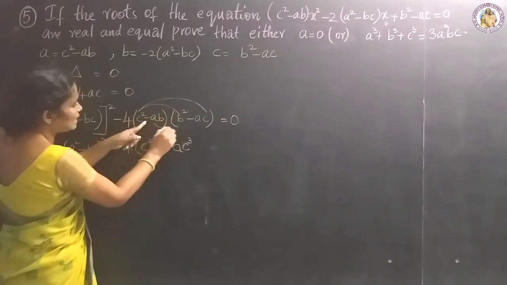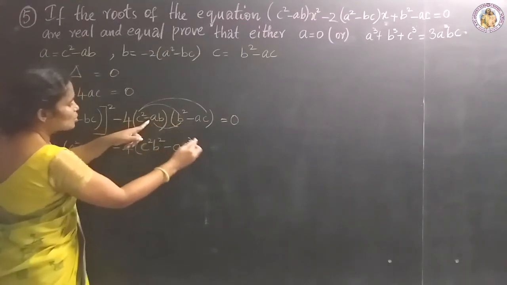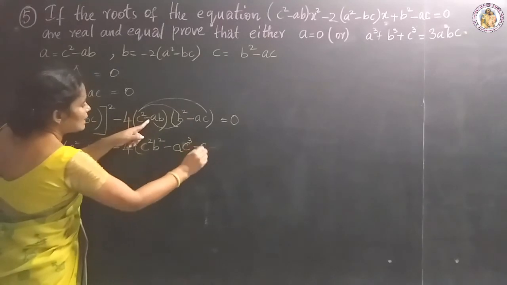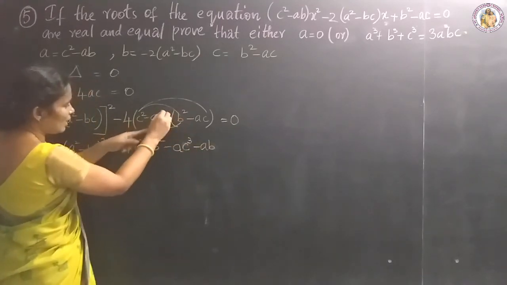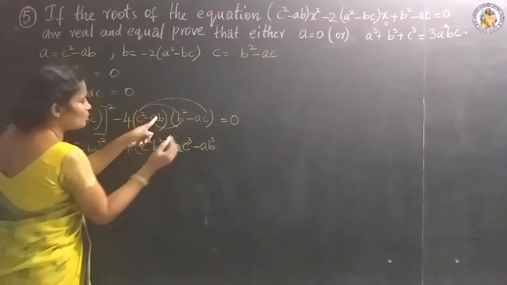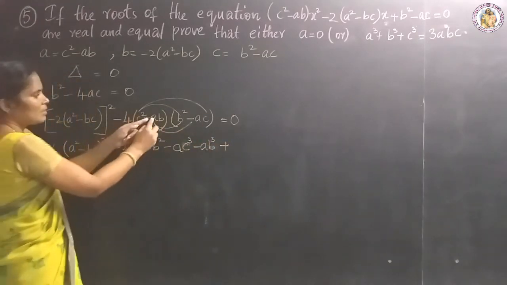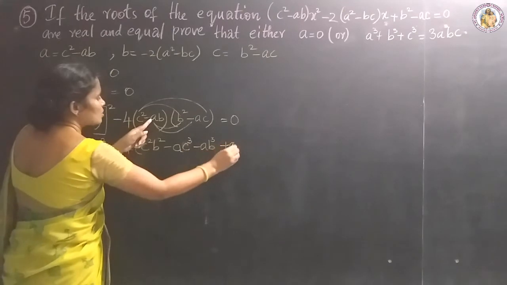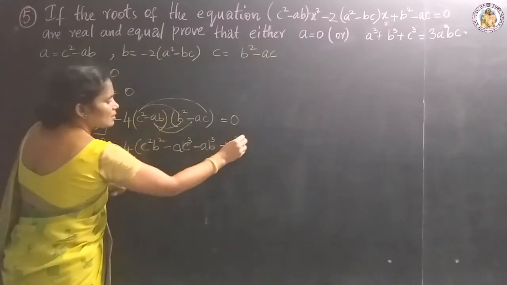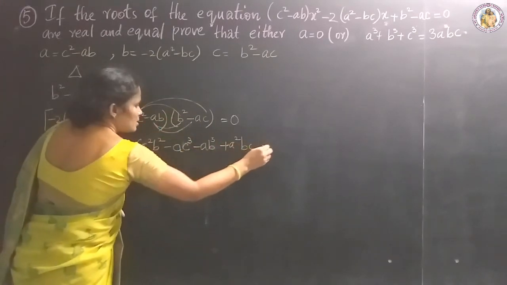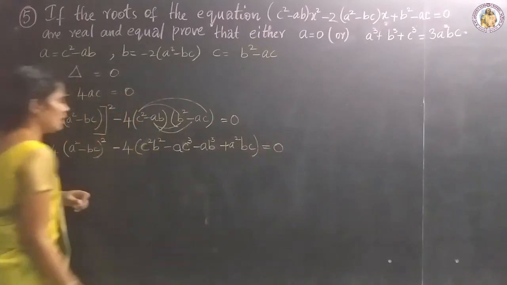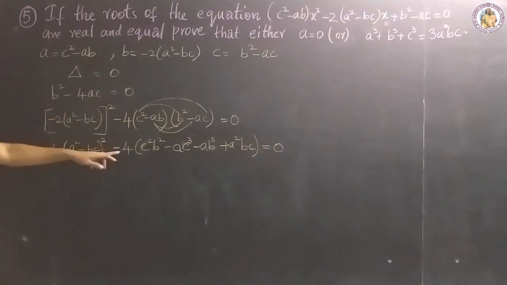Then multiply ab into b²: ab³. So it is cube, minus into minus is plus. So a²bc is equal to 0. And now we have 4 as common.